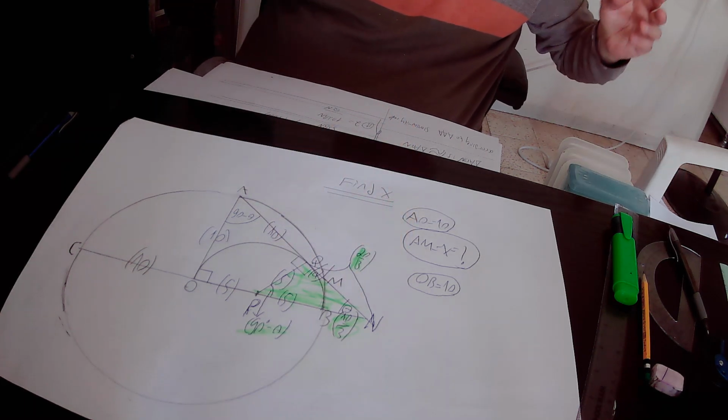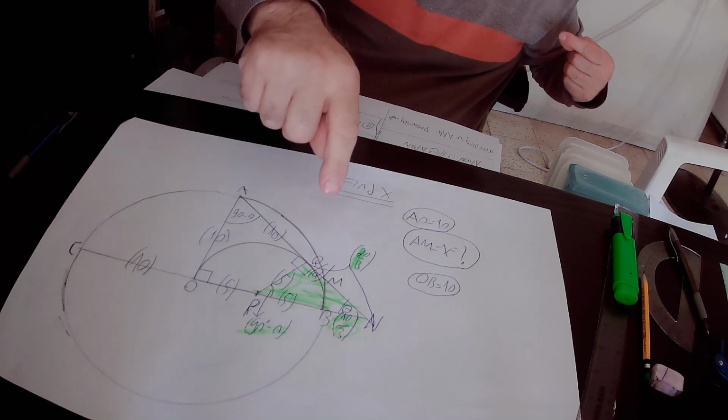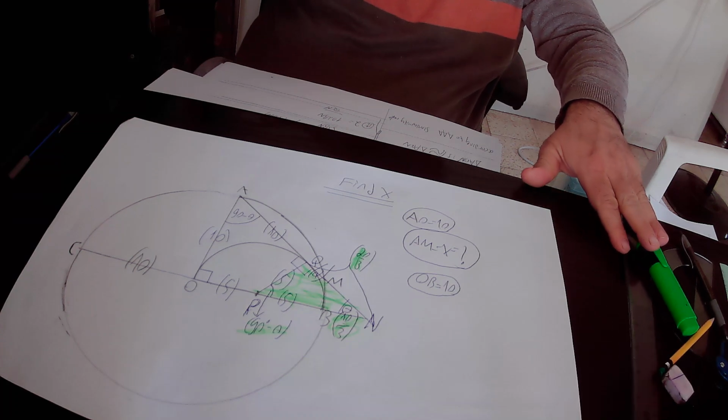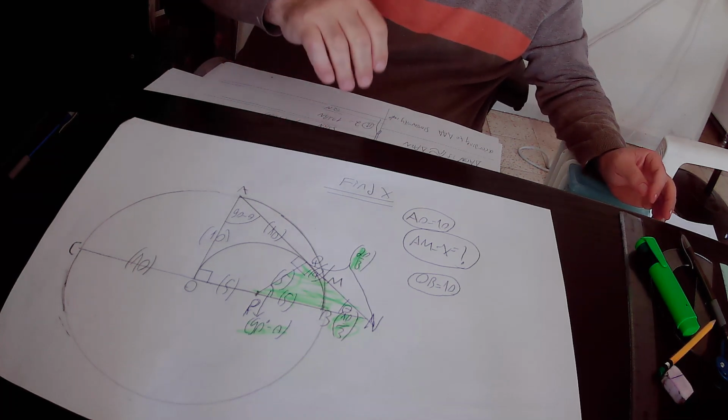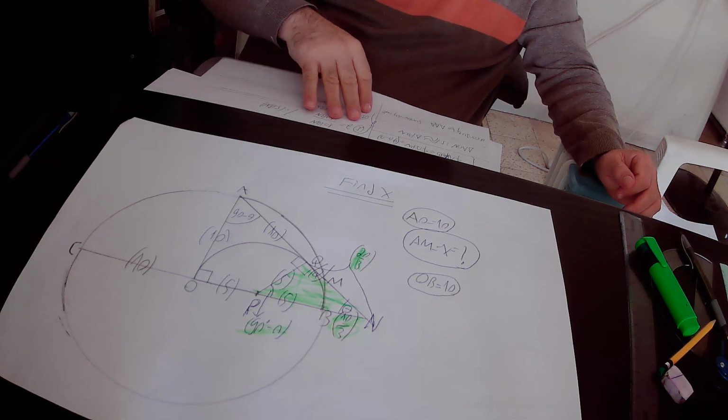Therefore, we proved that the right big triangle AON is similar to the green triangle QPN according to the angle similarity rule. And from the fact that those two right triangles are similar to each other, we derive that the following relationship exists between their sides.